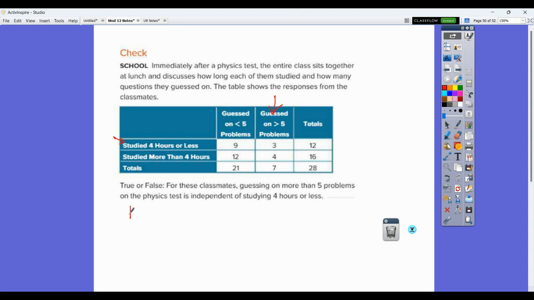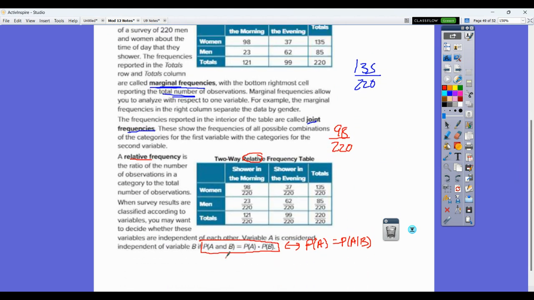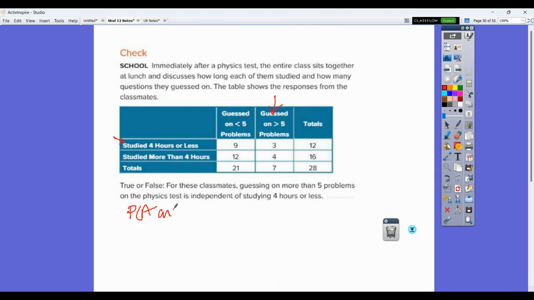So we want to figure out the probability of A. So this is going back to this guy down here, and we're going to do it with the new one. So A and B is equal to probability of A times the probability of B. So I'm going to rewrite that here. This is what we want to figure out here. So what we're going to do is the probability of A and B, 4 or less hours and guessing this many would be only 3 of them.